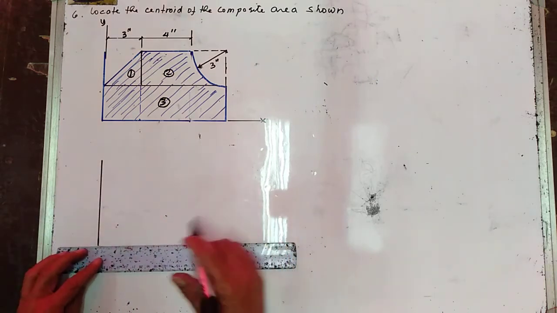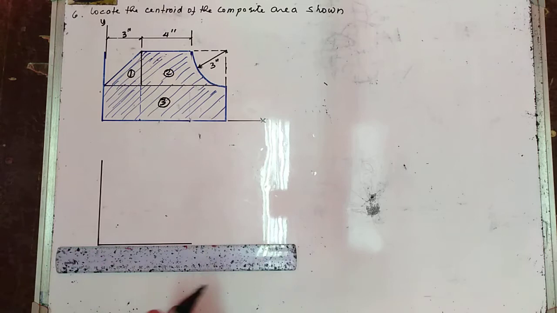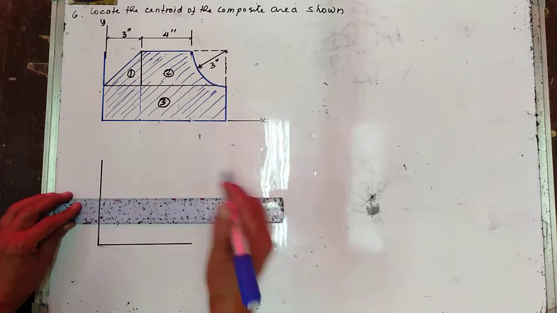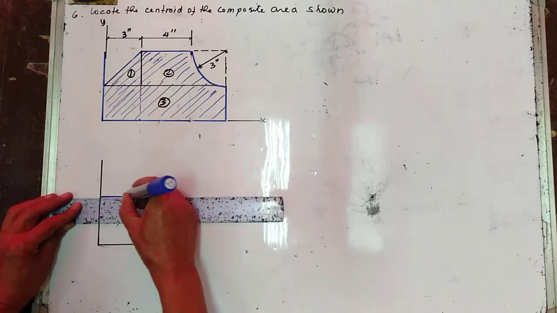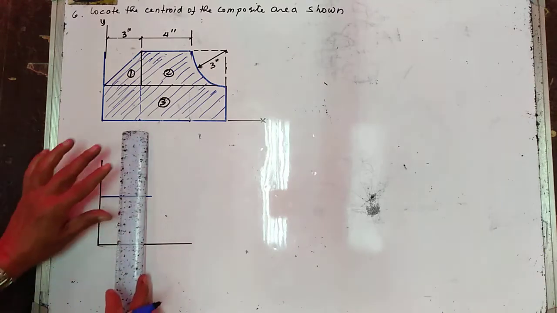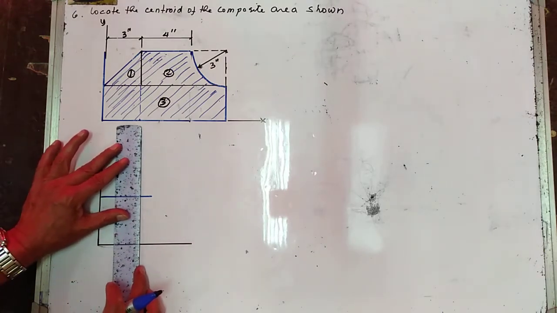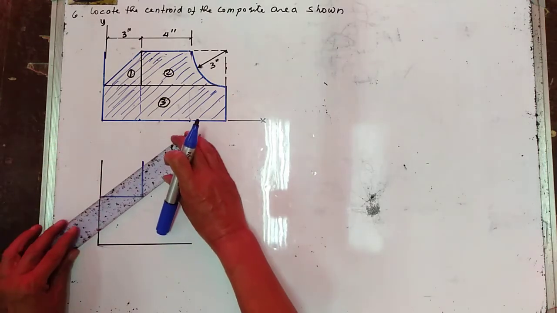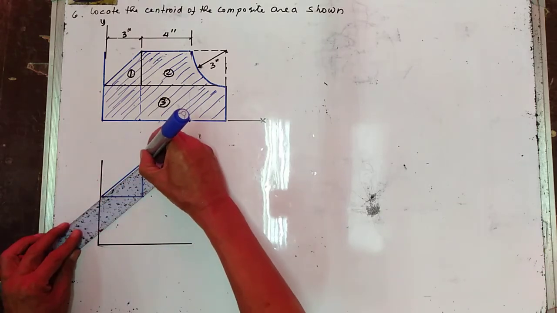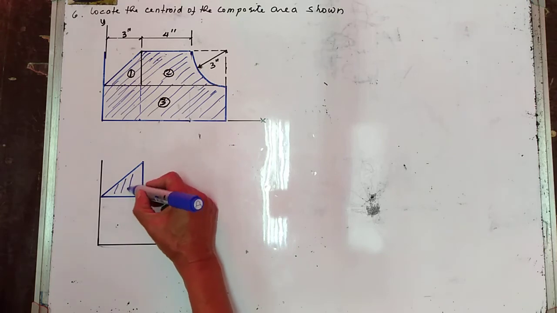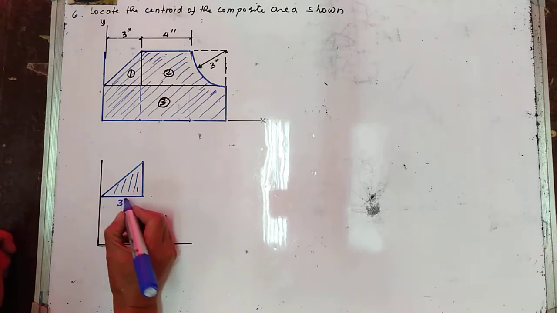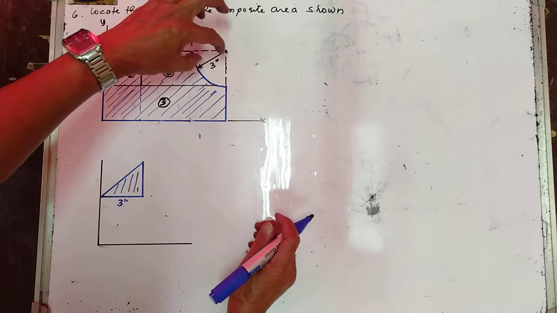Here is your triangular area, such that the base is equal to 3 inches and the radius of this quarter of a circle is 3 inches.